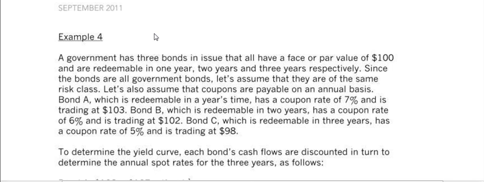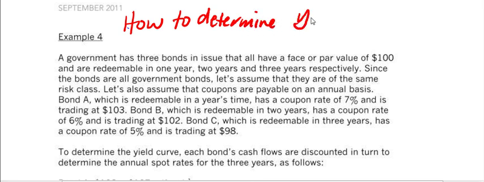The next example is going to be how to determine the yield curve.